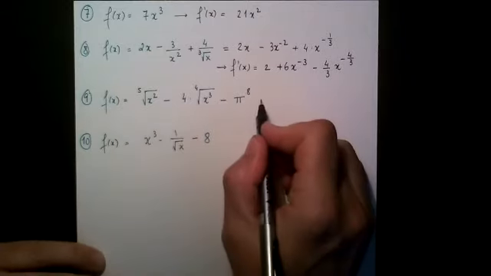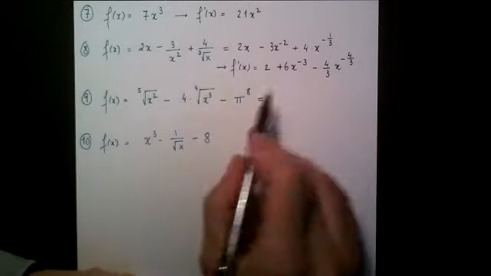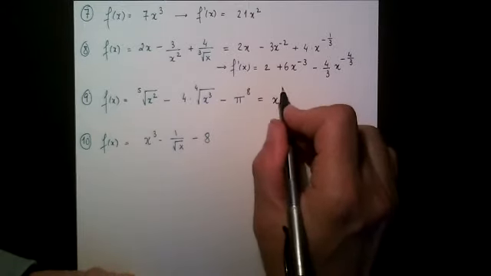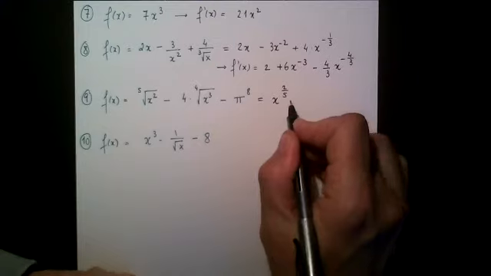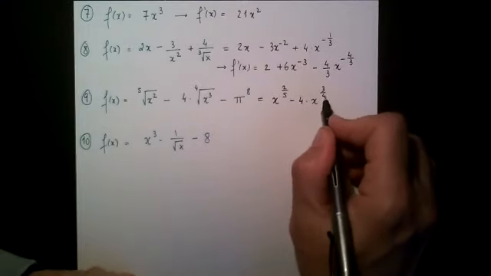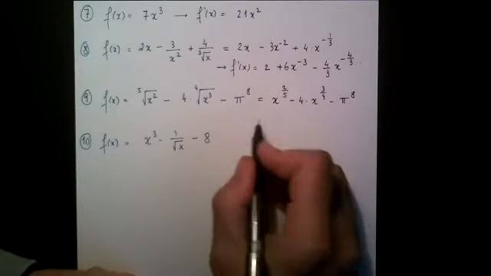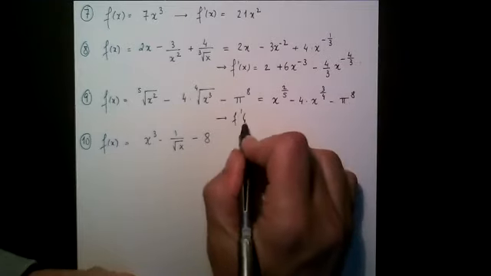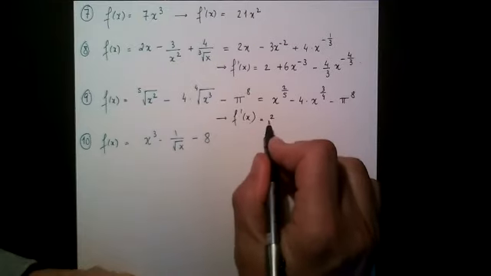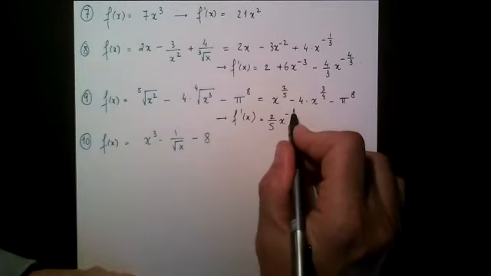Same thing here. I will write everything in exponential form. So x power 2/5 minus 4 times x power 3/4 minus pi power 8. So f prime of x, I put the 2/5 in front. x power 2/5 minus 1 is minus 3/5.